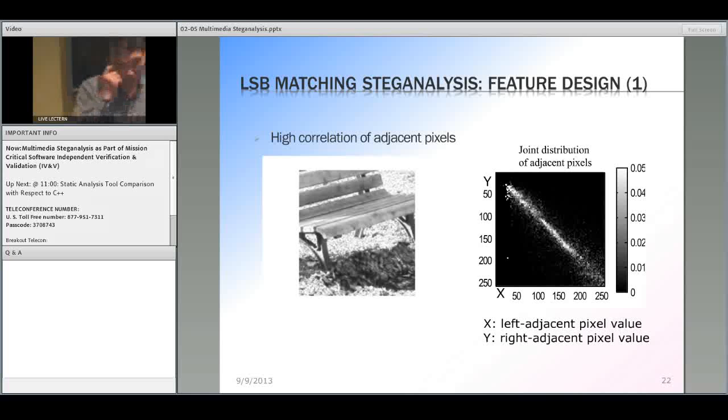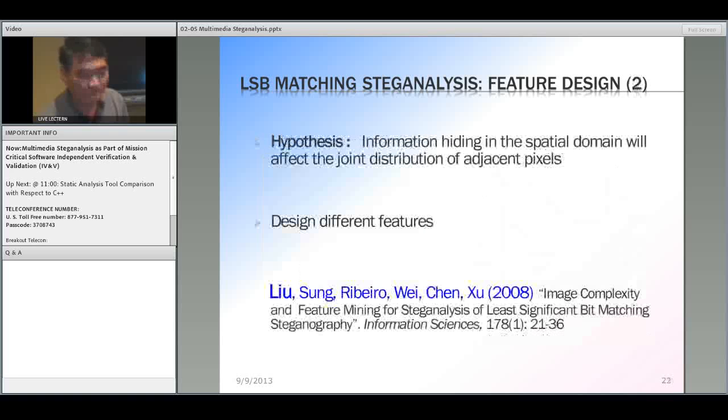So if that correlation is much less apparent, then you can go ahead and detect the hidden content with a higher level of confidence. The image has been adulterated, right? Because the normal correlation between adjacent pixels has been violated.